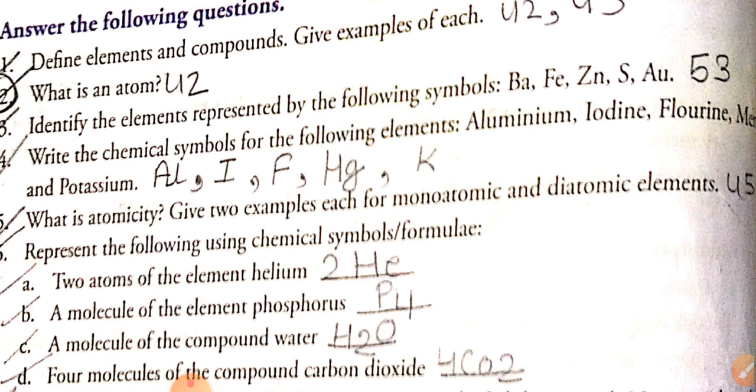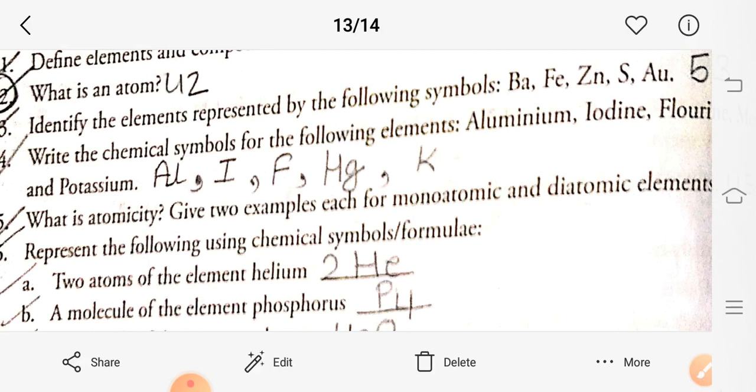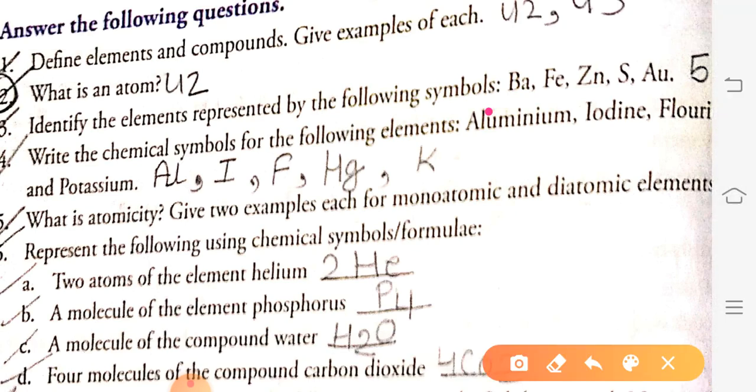Next, what is atomicity? Give two example, each for monoatomic and diatomic elements. Fourth answer, again I am repeating, aluminium Al, iodine I, fluorine F, mercury Hg, and potassium K. This is your answer number fourth.